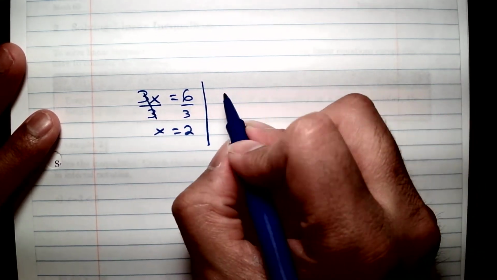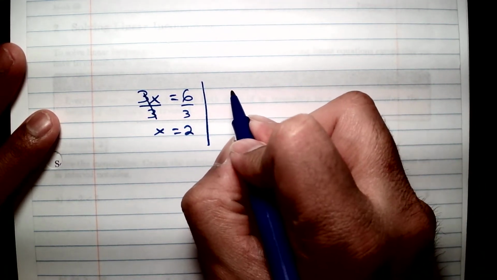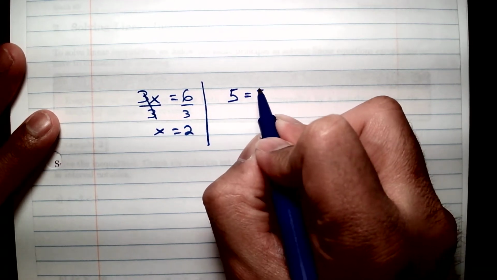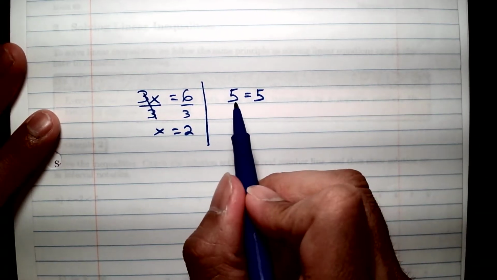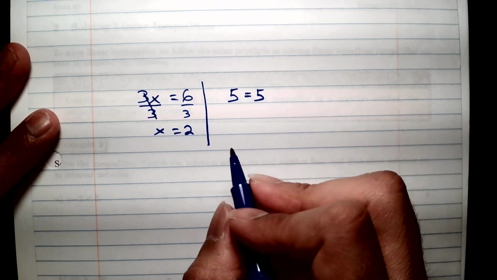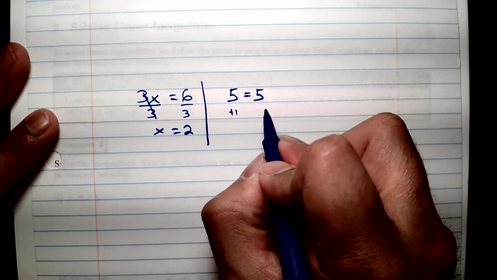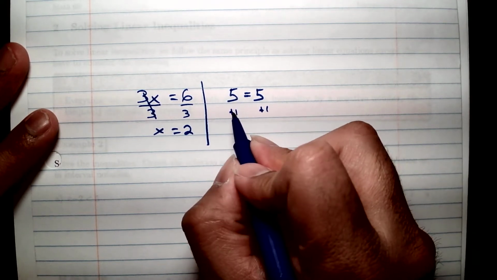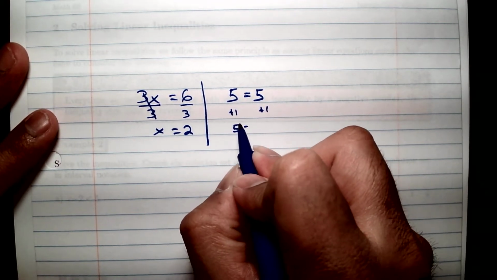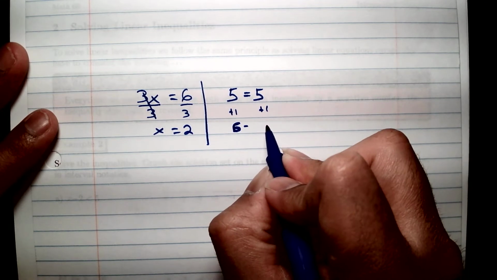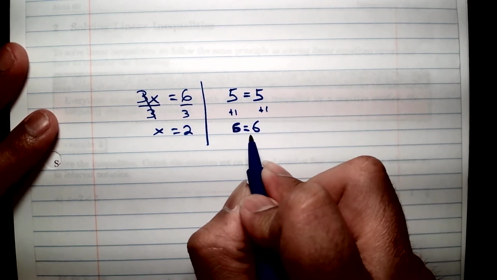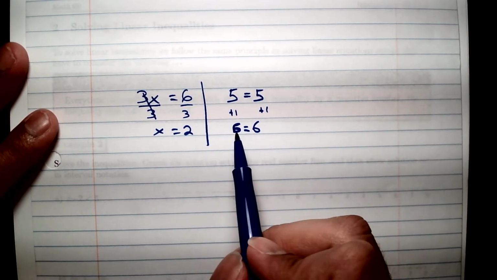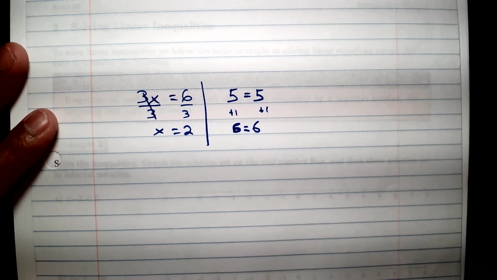For example, if I have 5 equals 5, that's clear. If I add 1 to one side, I have to add it to the other side as well. 5 plus 1 is 6, and 5 plus 1 is also 6, so we still have the property that 6 is equal to 6.